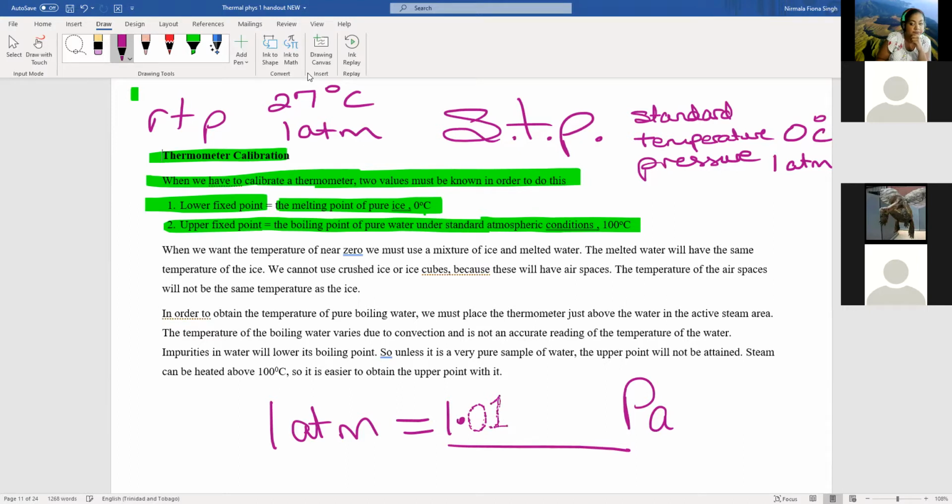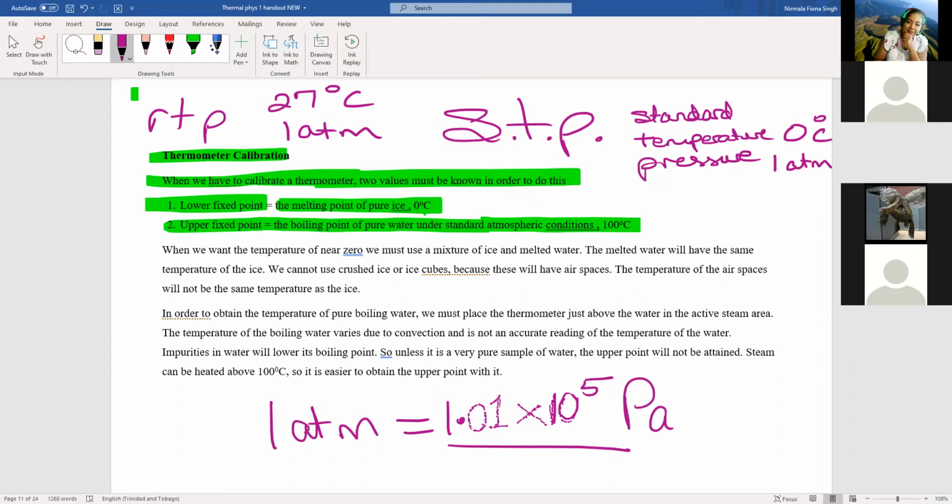You're missing something. How many pascals in 1 atmosphere?